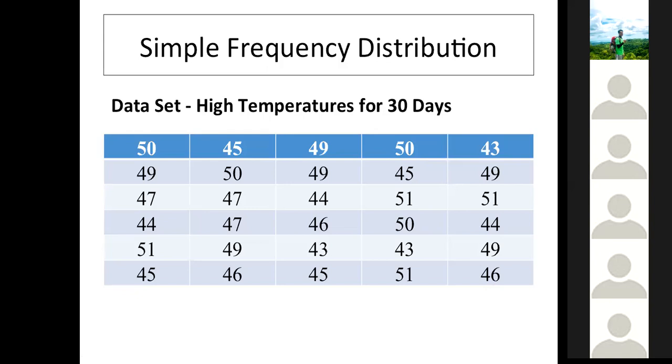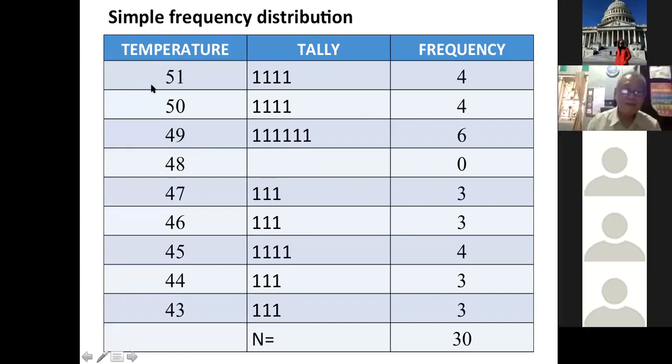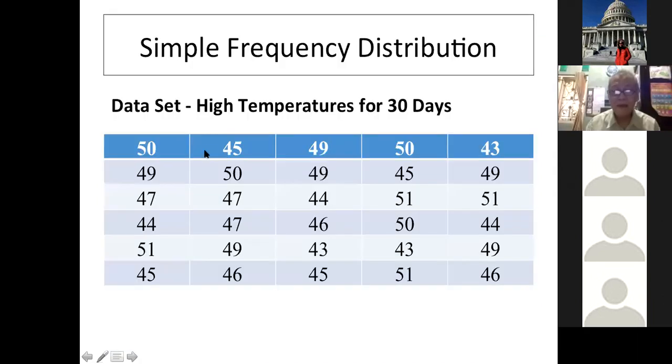So we try to calculate the frequency. From the highest one, the highest temperature of the month is 51, and the lowest is 43. And then you count how many times the 51 occurs.